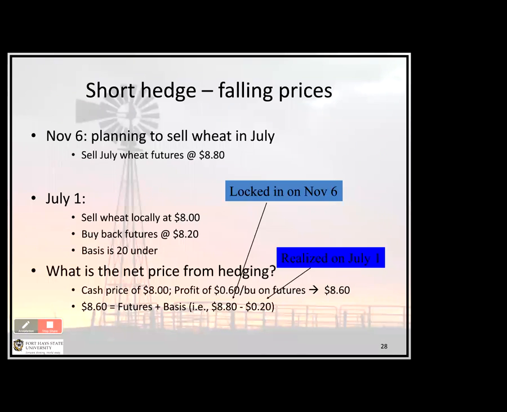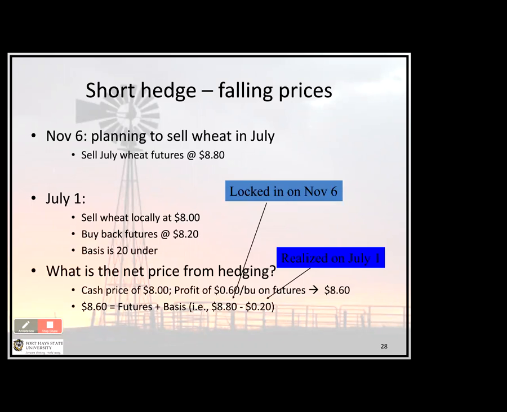And so going back to what I was talking about 10 minutes ago with the basis theory, all that was to tell you that we can kind of predict basis, not with perfect certainty, but we understand what goes into basis and how, if the market's allowed to work, we can predict what it should be. Over time, it is somewhat consistent, so we can look historically at what it's been in the past.